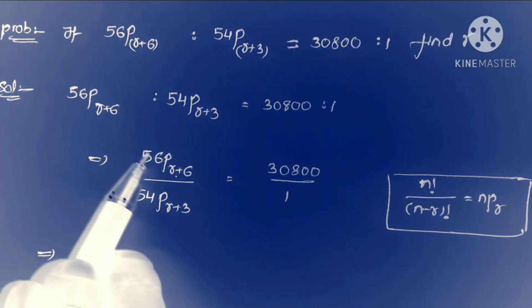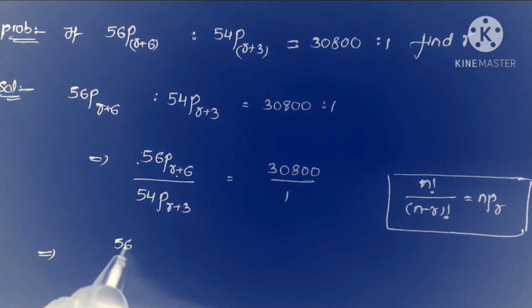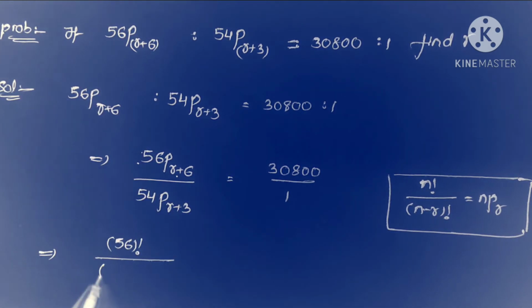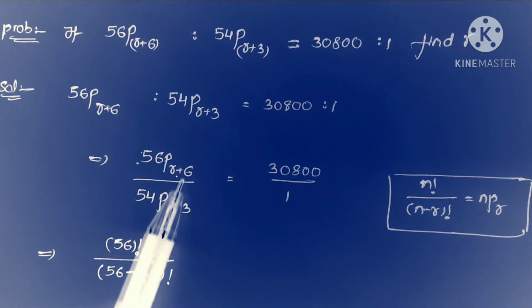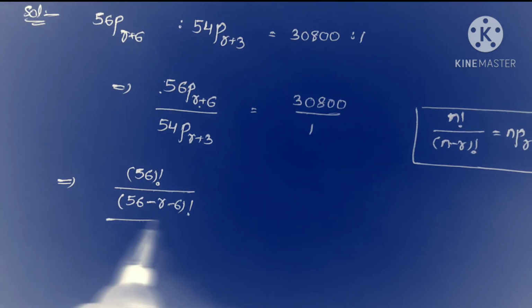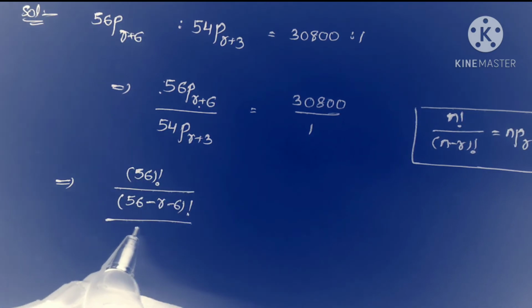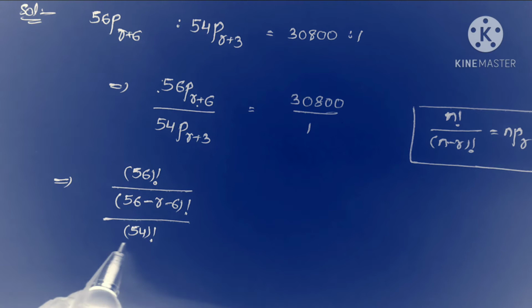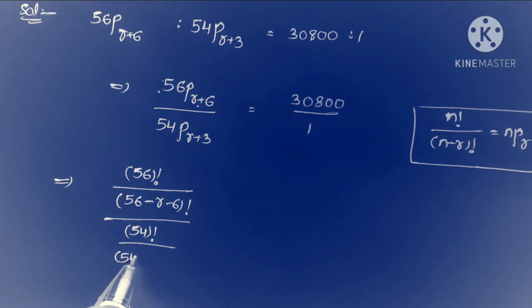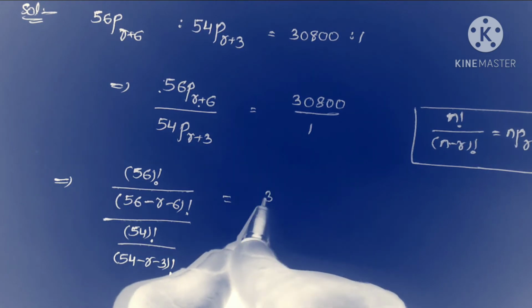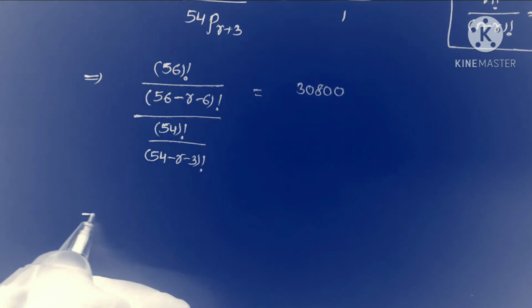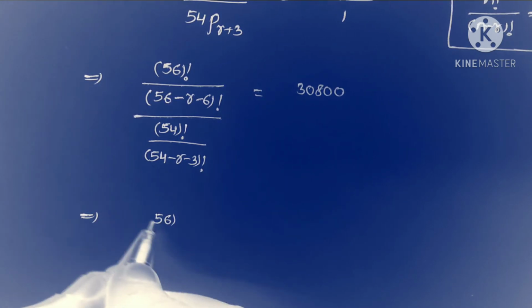So this is n, this is r, nPr, n factorial, that is 56 factorial by n minus r factorial, 56 minus r, minus 6, whole by, this is also nPr form, n factorial 54 factorial by n minus r, 54 minus r minus 3 factorial is equals to 30,800, which implies this is 56 factorial by 56 minus 6, 50.